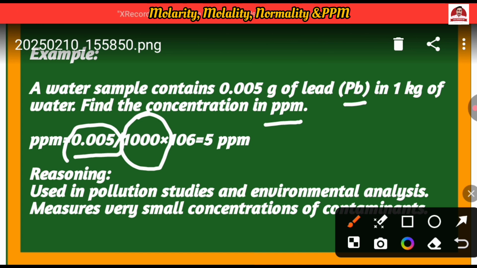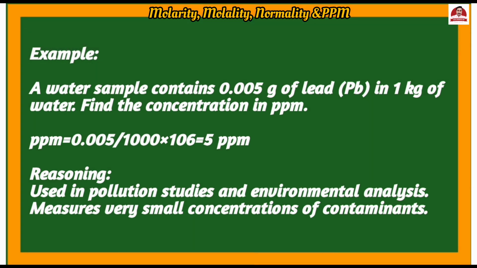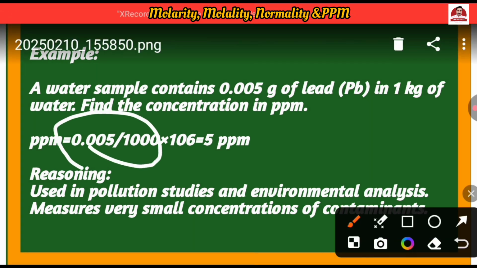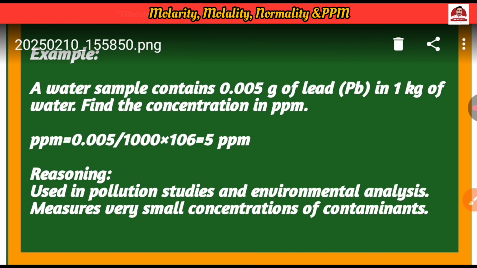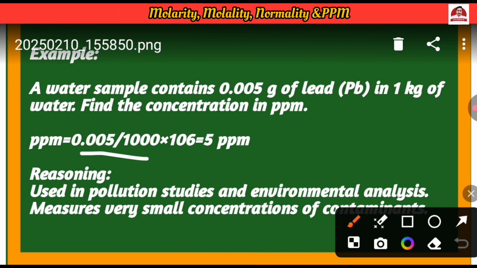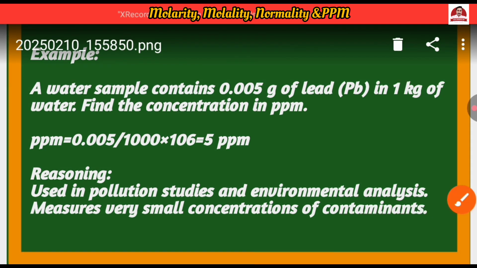So mathematically by solving these two, we get 5 ppm is the concentration of lead in 1 kg of water. So by this formula we can calculate the ppm concentration. ppm is used in pollution studies and environmental analysis, to measure very small concentrations of contaminants.